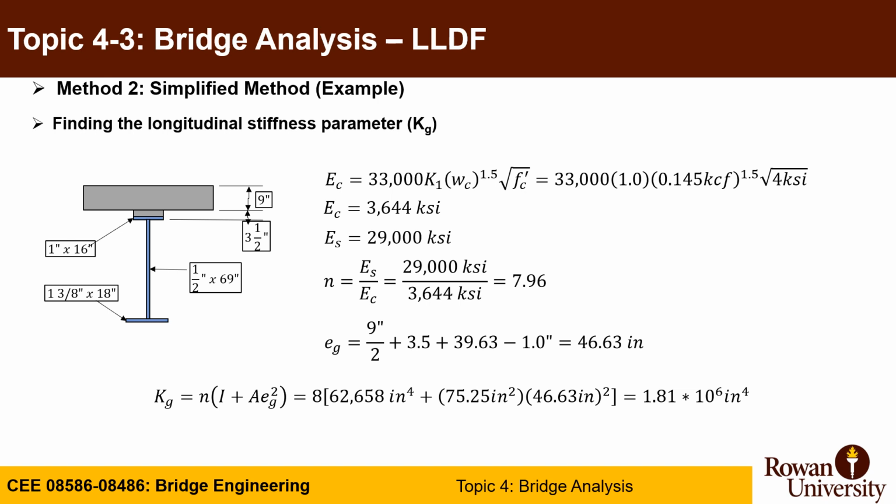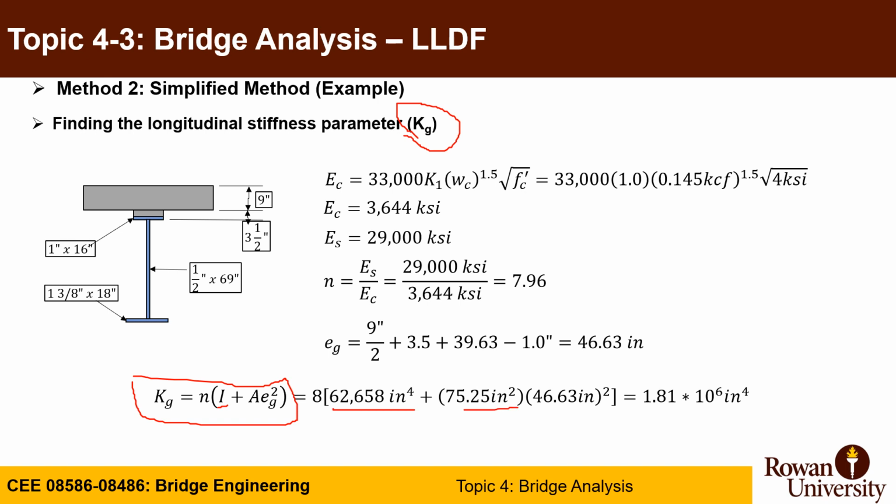So the first parameter that we need to calculate is Kg. Kg, the equation is here. If you still remember, Kg is n times (I plus A e_g squared). The inertia is given from the previous slide.